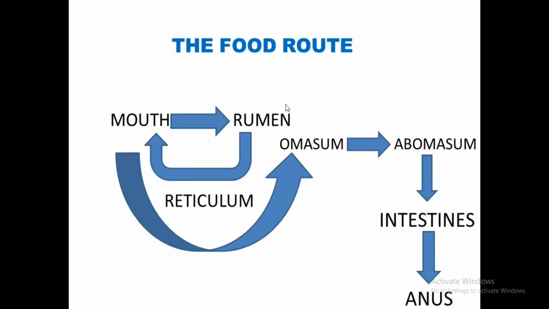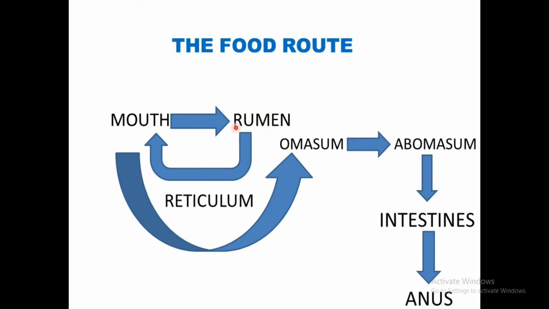Now, the food route in a cow's digestive system is like this. When the food is taken in by the mouth, through the esophagus, it reaches the rumen, without chewing much.